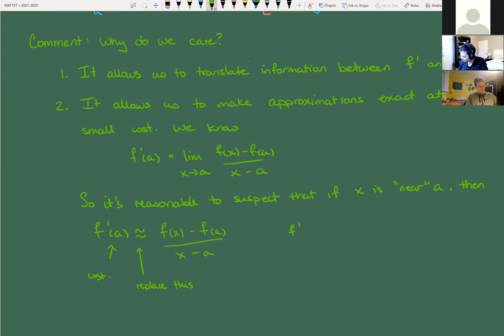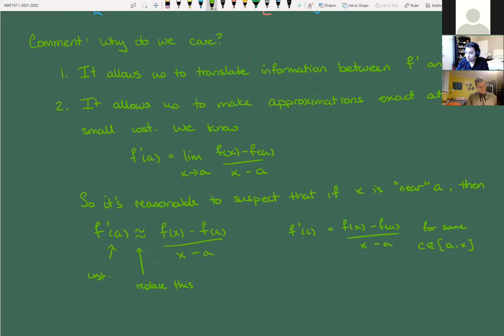So the mean value theorem says that f prime of c is equal to (f(x) - f(a)) / (x - a) for some c in (a, x). I'm assuming here x is to the right of a. It doesn't have to be, but I'm assuming that it is. So it allows us to make this approximation exact.